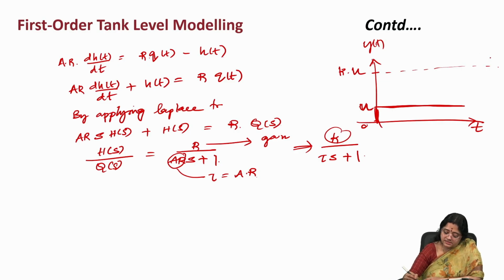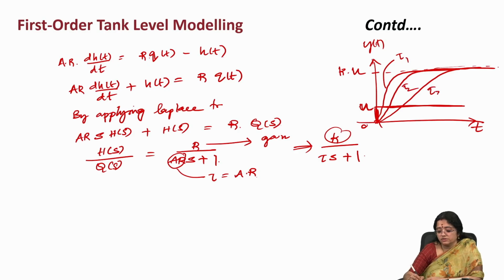And while reaching its final steady state value, it may take this path, or it may take this path, or it may take this path. So these paths will depend on what is the value of tau. If it is tau 1, this is tau 2, tau 3.